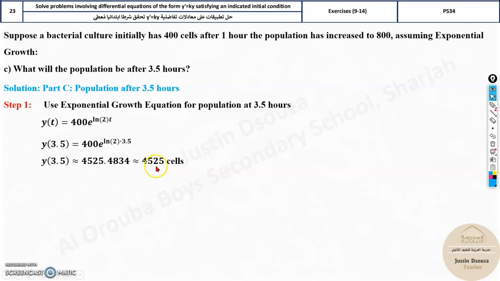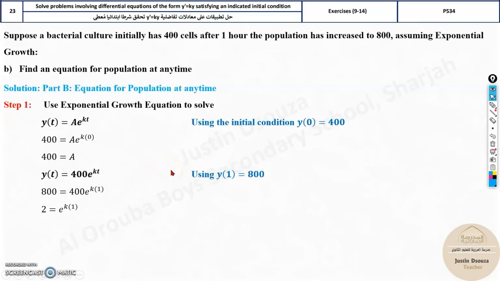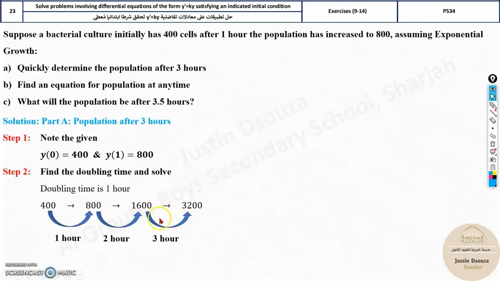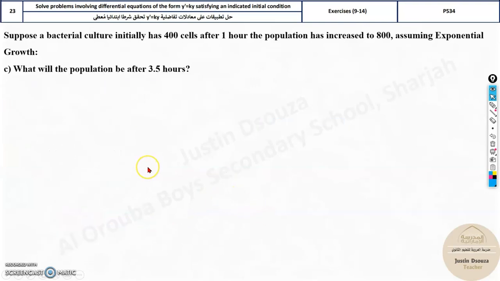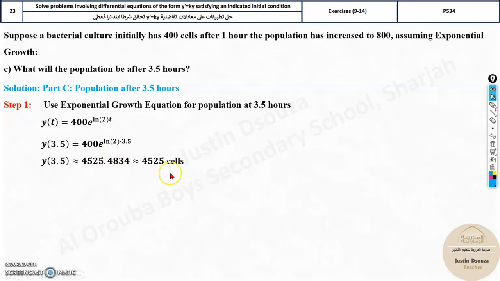Okay, that's the answer. But remember this, 4,525. Let's just go back over here. You can see it was 3,200, and then it's between 3,200 and 6,400. Yes, absolutely. So this is the correct answer.